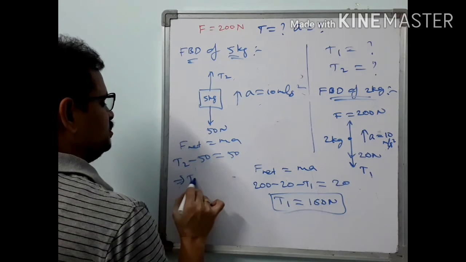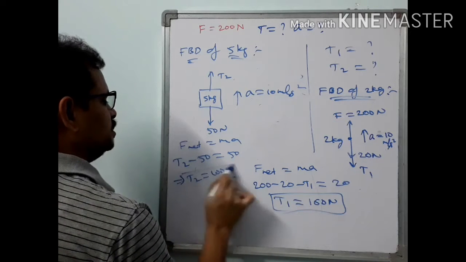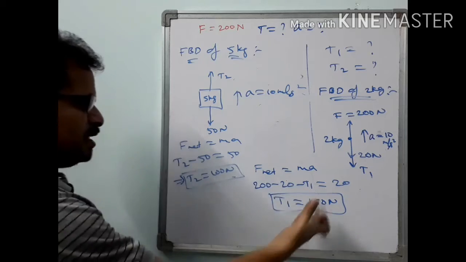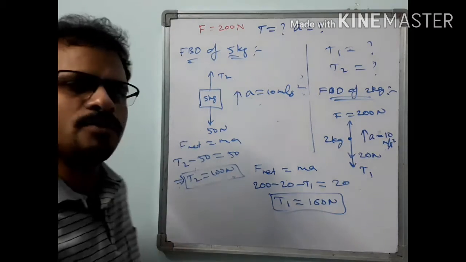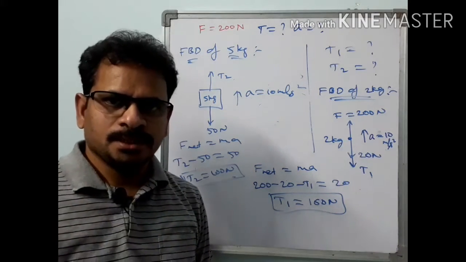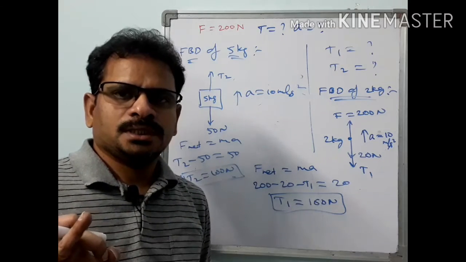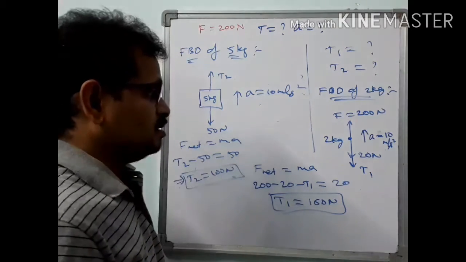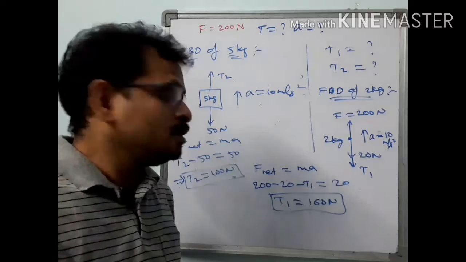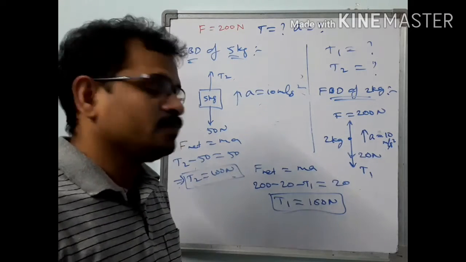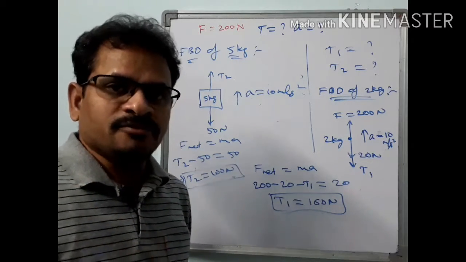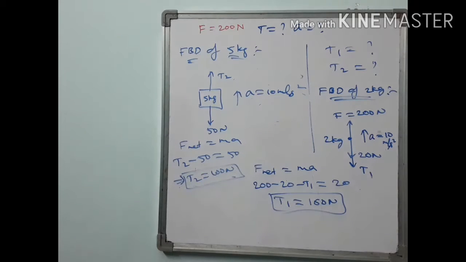That implies T2 equals 100 newtons. So T1 equals 160 newtons, T2 equals 100 newtons. Simple problem, nothing new is needed here. Whatever we knew before, we can apply. Simply drawing the FBD properly makes the problem very easy for us.